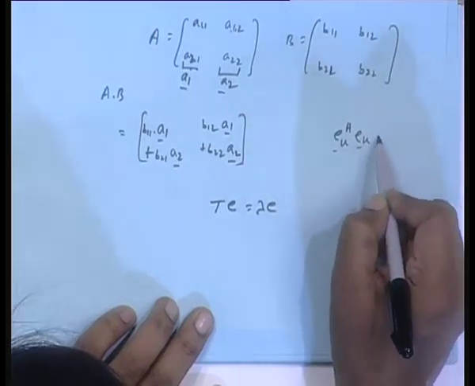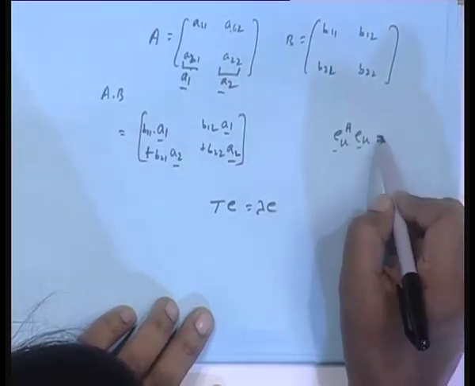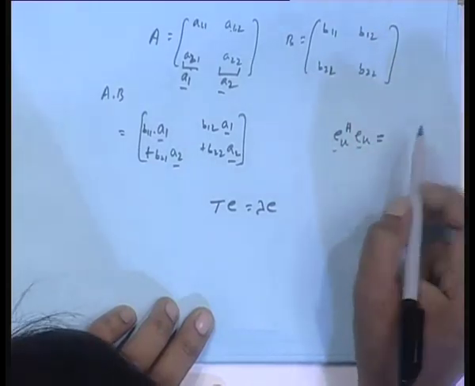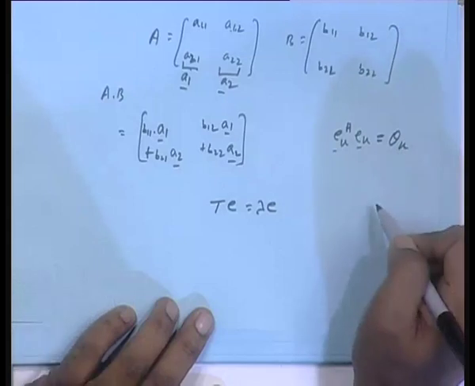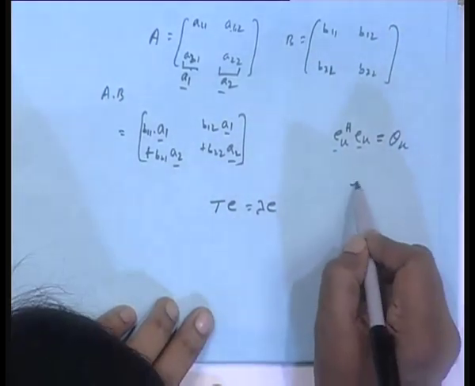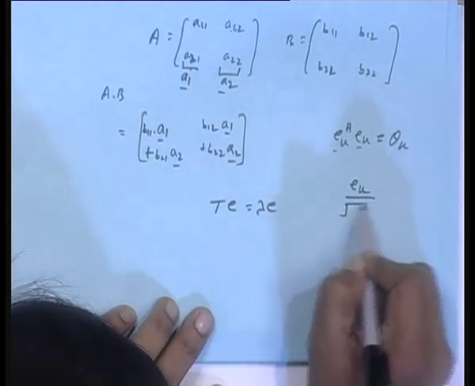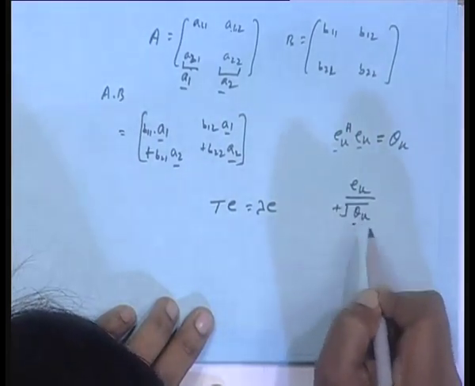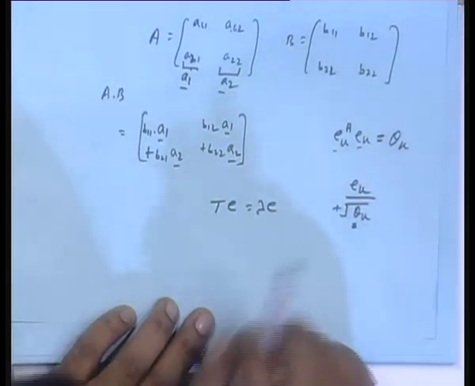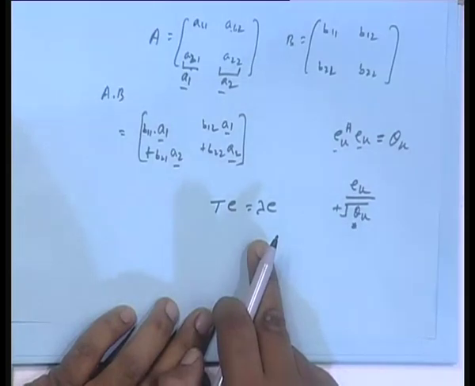So, if you call this quantity the norm square, it is a scalar term, and you give it a name, say theta k. Then instead of E k, if I take E k divided by the positive square root of theta k, a vector like this also is an eigenvector with eigenvalue lambda.